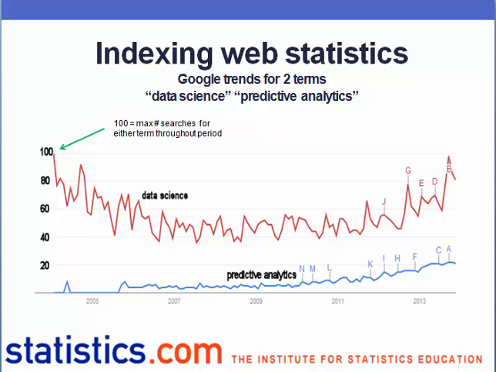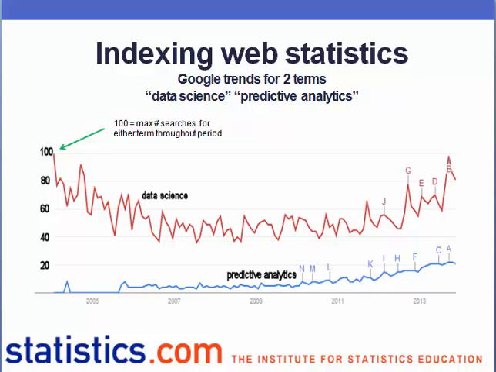Economic data is often indexed. So are web statistics. Here you have Google Trends for two terms, data science versus predictive analytics. This is the quantity of searches, but actually it's not the actual number of searches, but rather for the entire multi-year period here, Google has found what period had the most searches for either term, and then they've set that to 100.